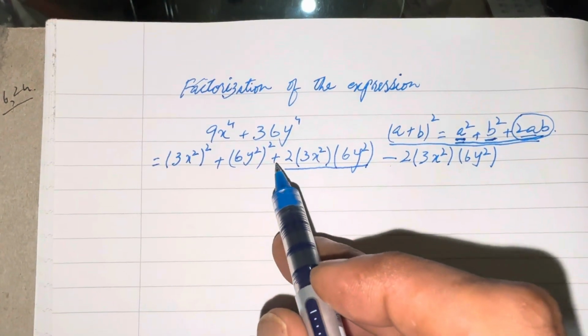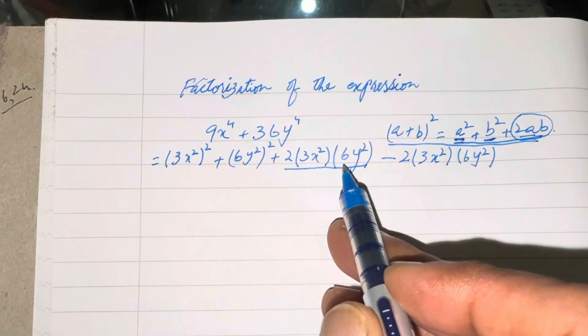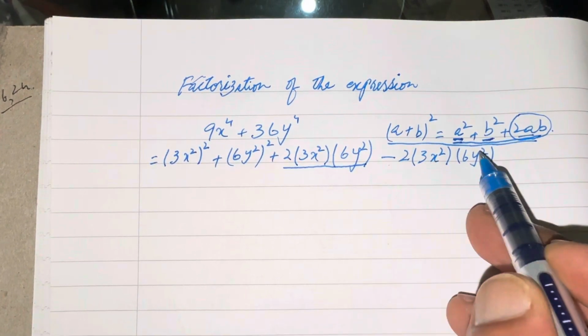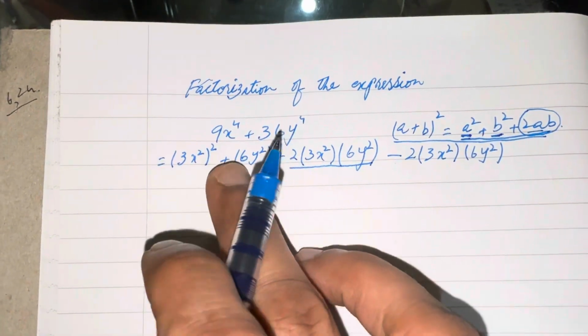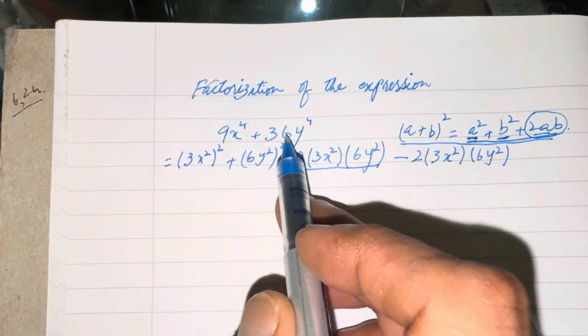So the plus term and the negative term are the same, and these two will cancel each other, and the remaining part will be the same.